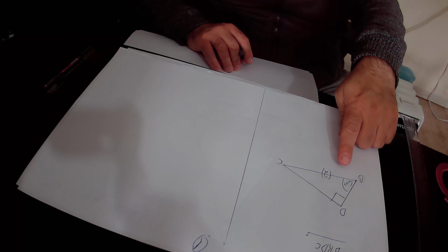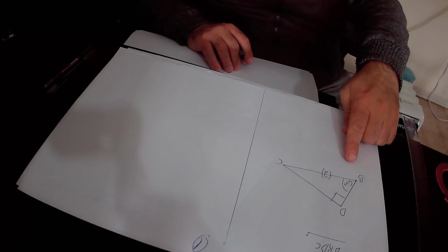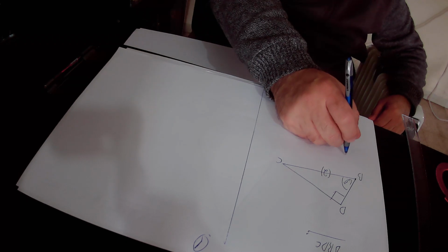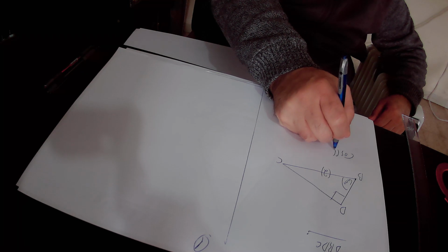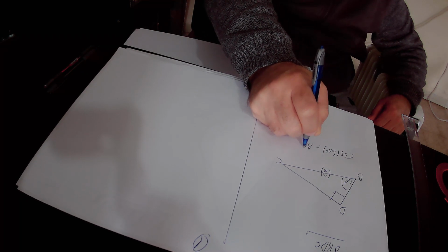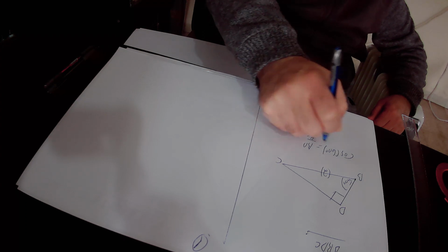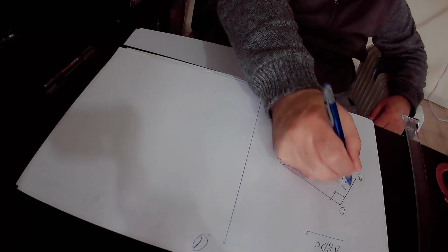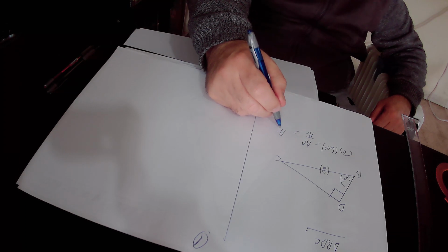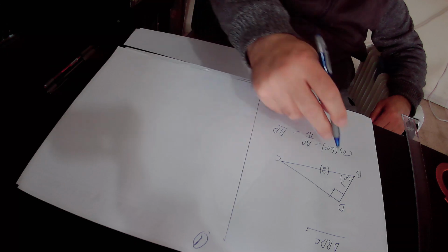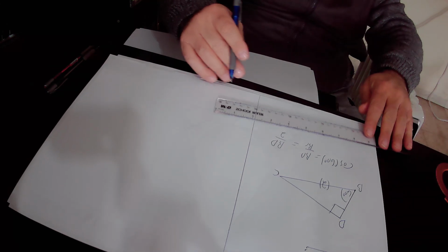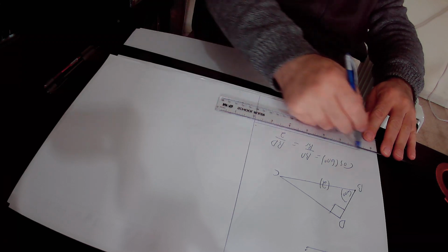In this right triangle BDC, cosine 60 degrees equals BD over BC. BC is 2, and cosine 60 degrees is 1/2.